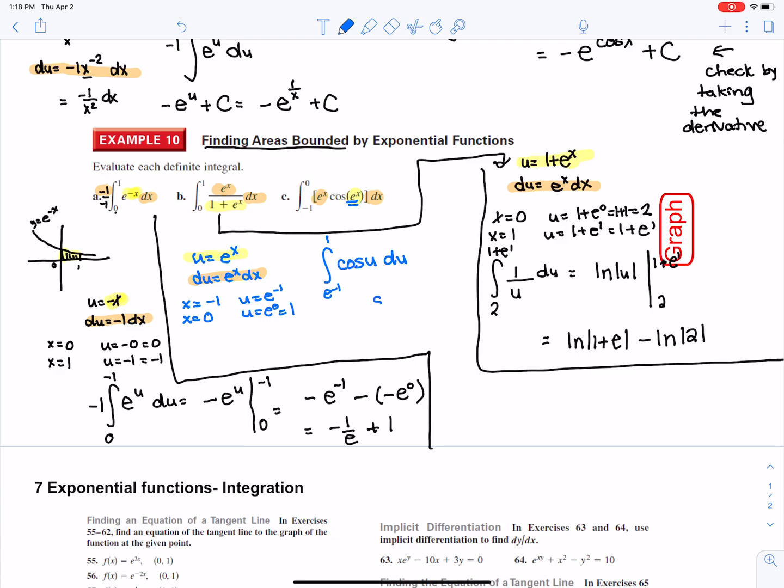It is sine u, because the derivative of sine is cosine. Now again, it's not necessary for us to put our x's back in because I changed my limits of integration to u limits. So this will be sine of 1 minus sine of e to the minus 1, which is the same thing as 1 over e. And I'm going to leave my final answer in this format.